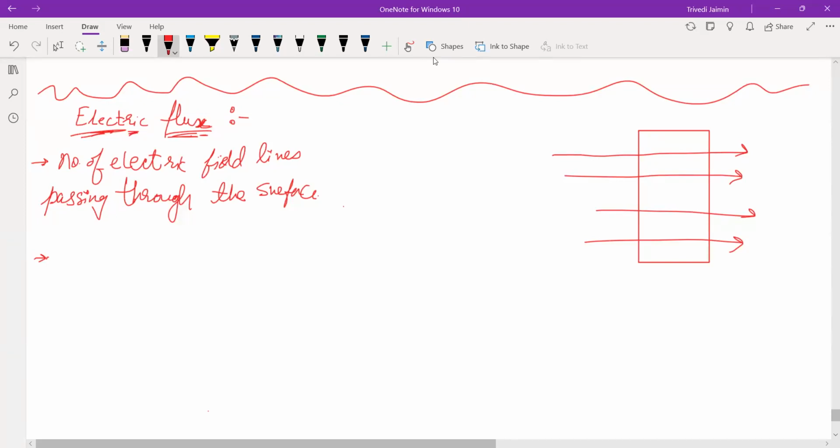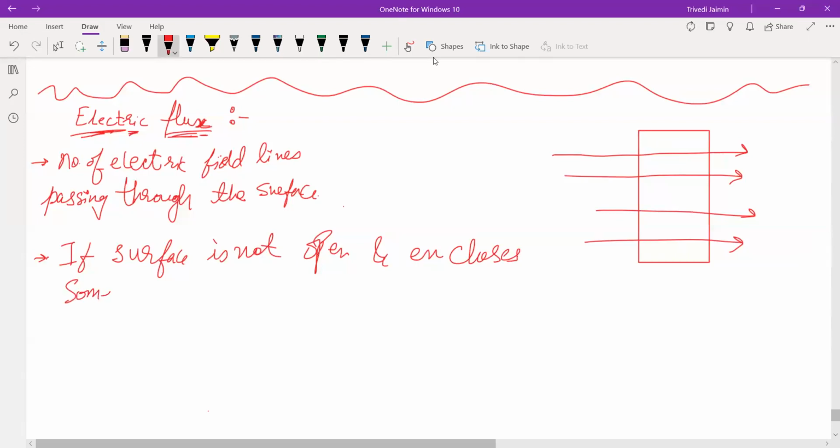Just like the surface: the surface is not open and encloses some net charge.